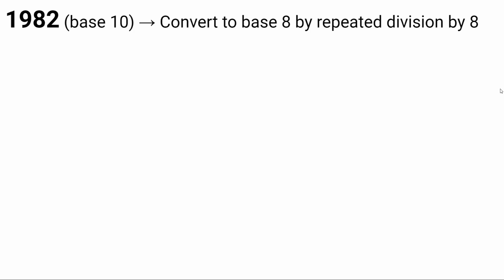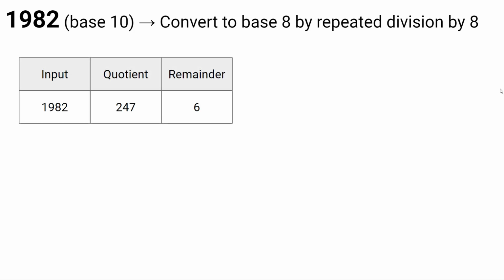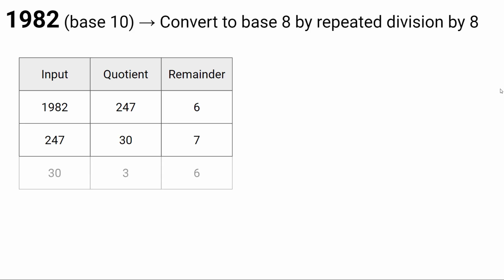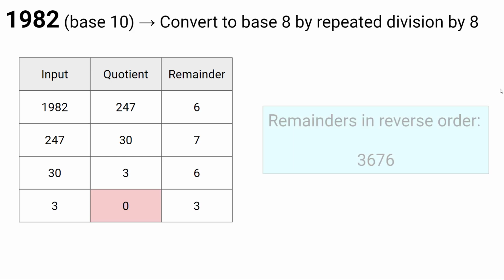In this case, 1982 divided by 8 is 247 with remainder 6. 247 divided by 8 is 30 with remainder 7. 30 divided by 8 is 3 with remainder 6, and then 3 divided by 8 is 0 with remainder 3. We stop here because the quotient is 0 and list back the remainders in reverse order to get 3676, which you can check is actually 1982 in octal.